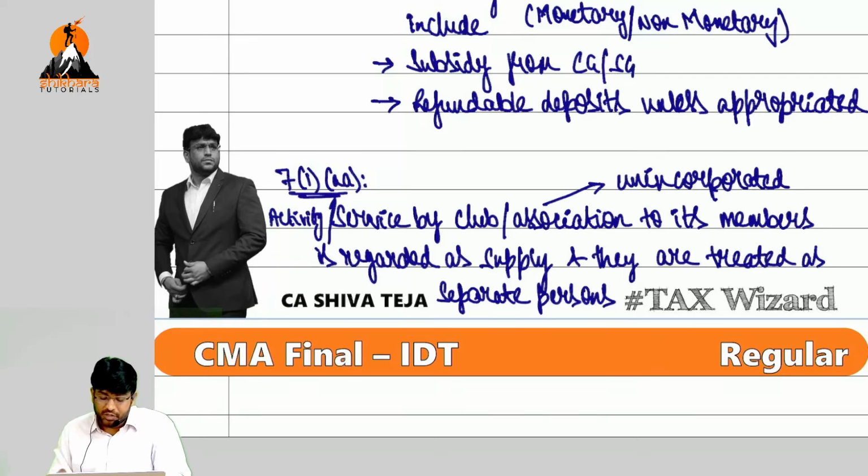Activities by club or association to its members are regarded as supply, and they are treated as what persons, friends? Separate persons. Very interesting point actually. I'm sure we are clear with this.